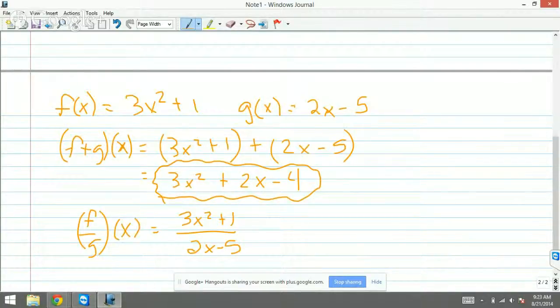But we have to consider something in the denominator. What is it? Okay, so we have to actually figure out what x is to make the bottom 0. So set it equal to 0 or not equal to 0. X cannot equal... What you got? For this right here. Solve for x. So add 5, divide by 2.